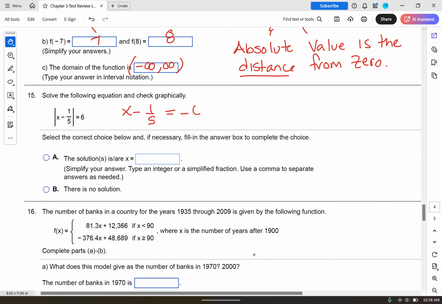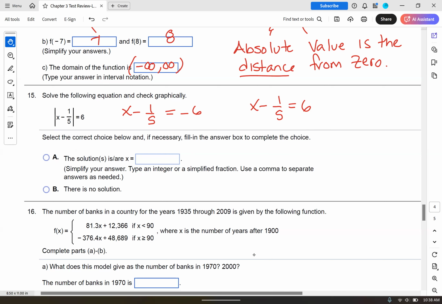That can equal -6. Because when you take the absolute value of -6, you get +6. You take what's inside the absolute value bars and you set it equal to +6. Because can you take the absolute value of 6 and get 6? So what's inside the absolute value bars must be either -6 or +6. It's got to be. Only way this is going to work.